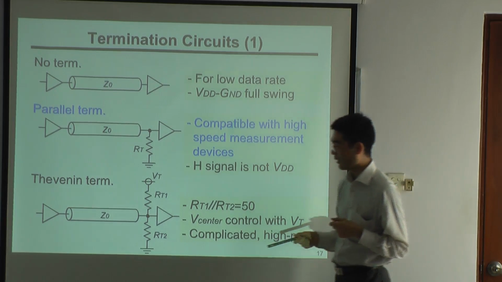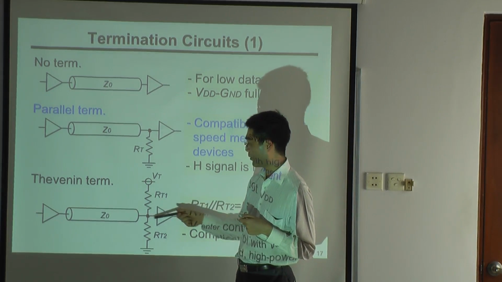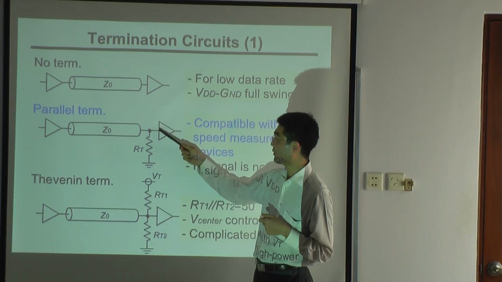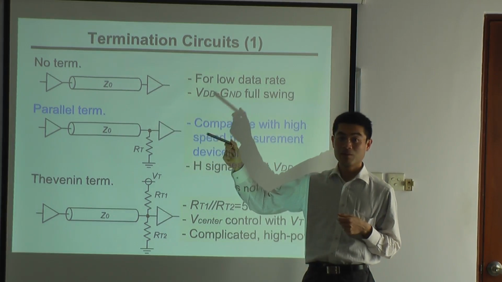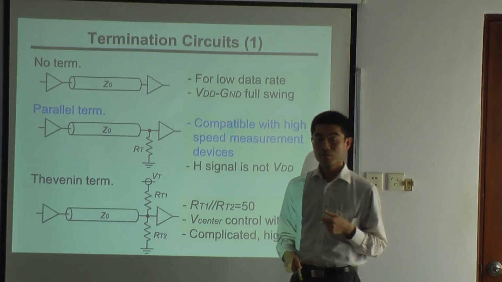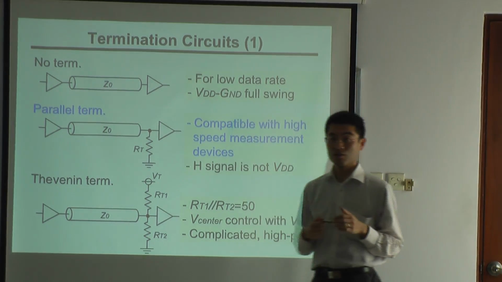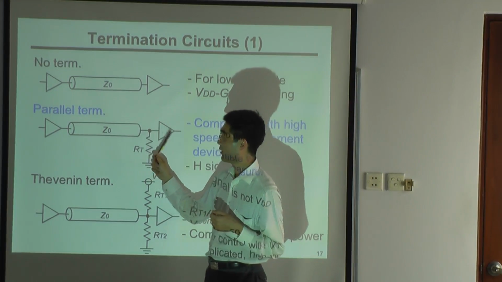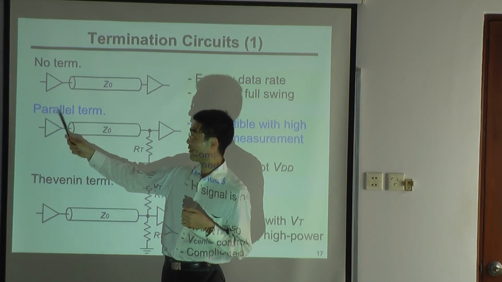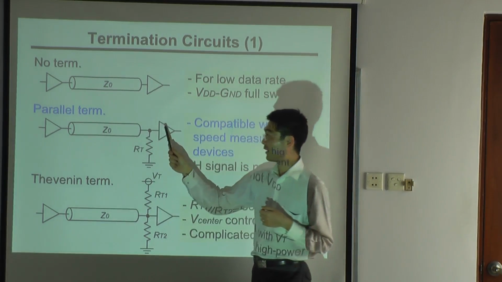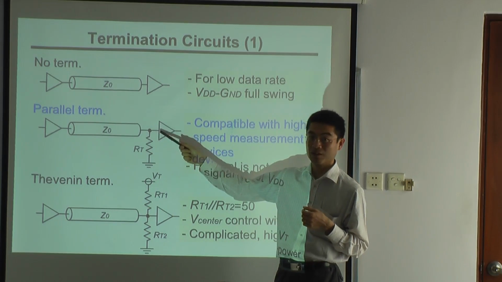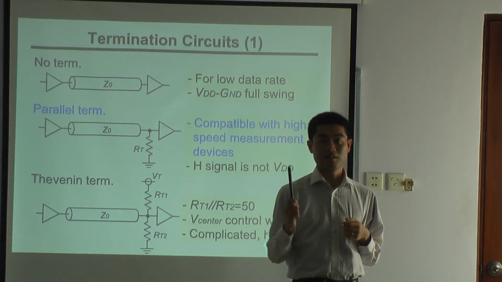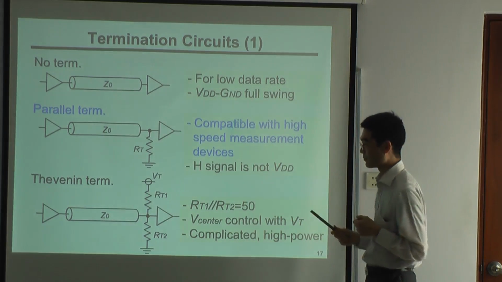And that's sometimes good for the receiver side. For example, when we receive the signal with normal inverters, the logical threshold is half VDD. So in this case, when the output impedance is equal to 0, the high signal becomes half VDD, and the inverter sometimes misunderstands that the signal is not high.